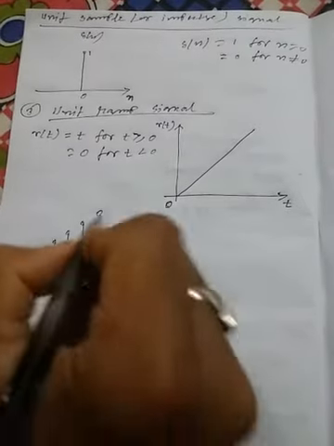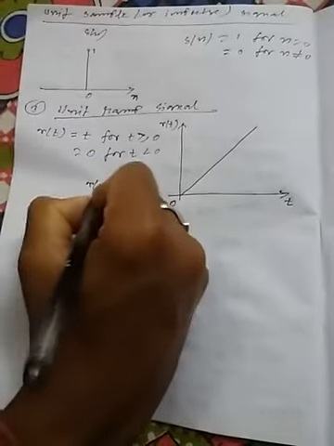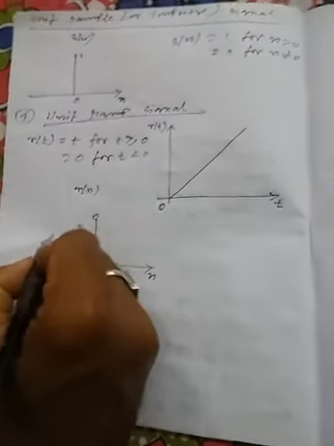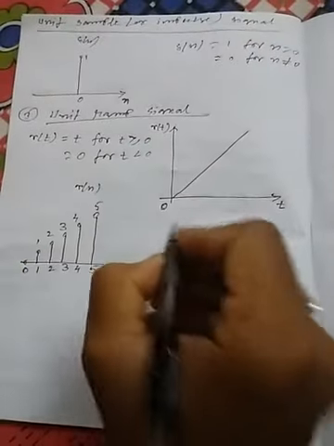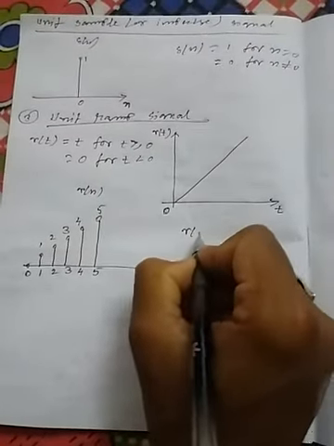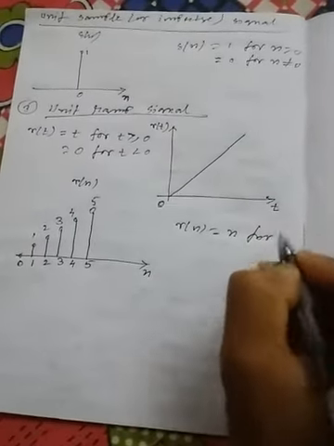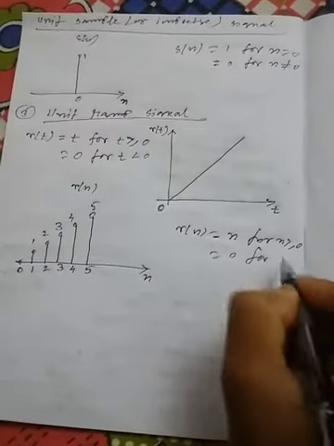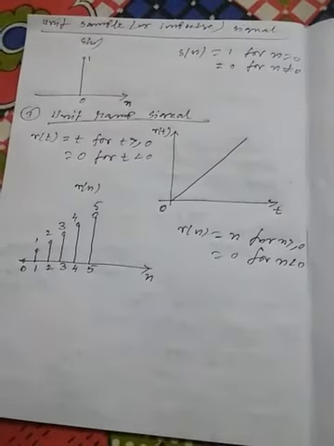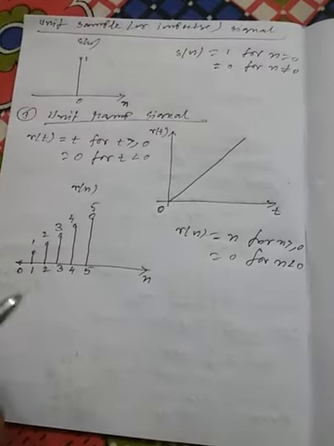This is the value of n, and this is r of n. Here also r of n equal to n for n greater than or equal to 0, 0 for n less than 0. So this is unit ramp signal in discrete time domain.